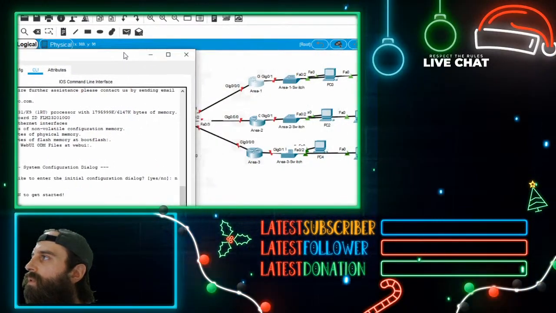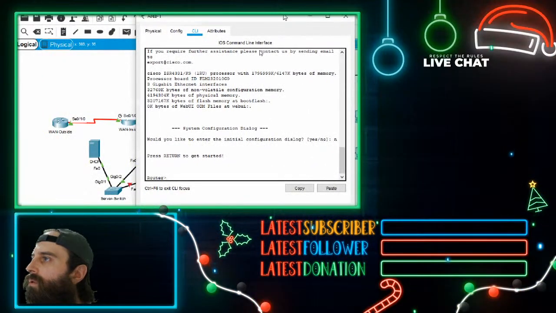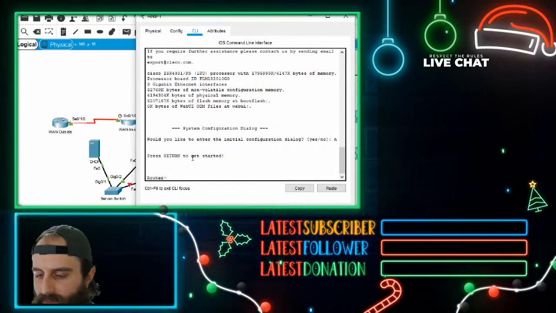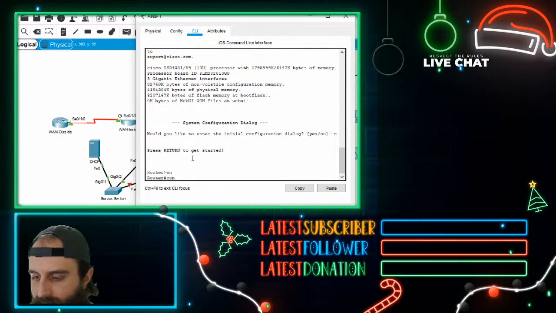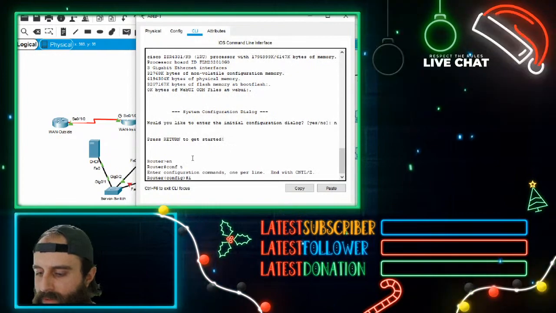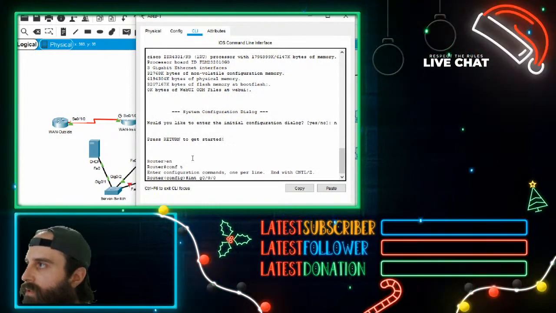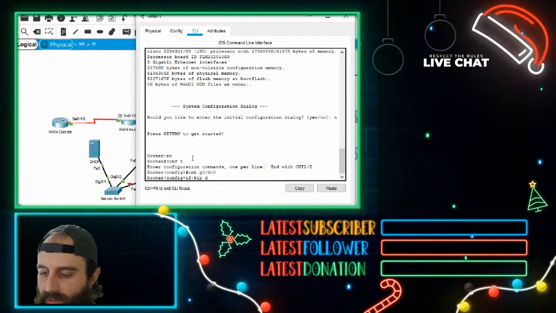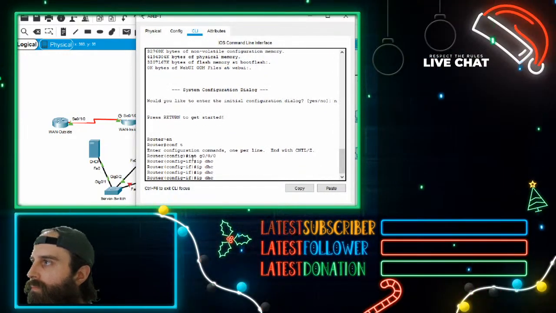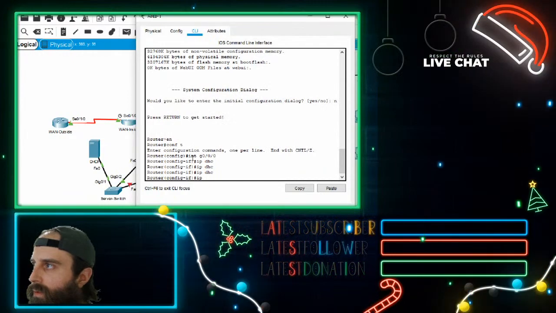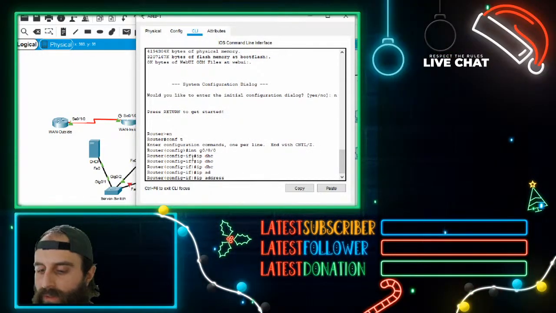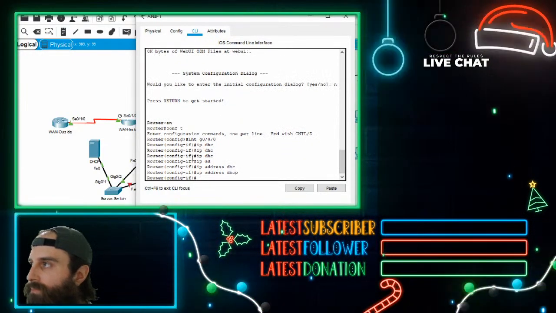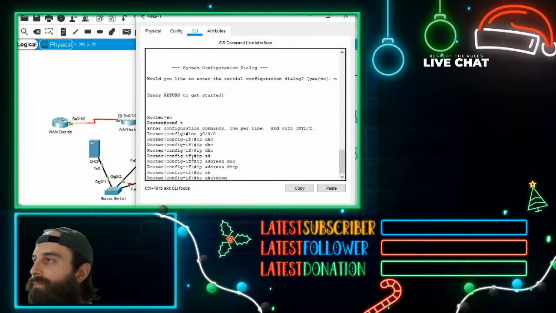Command line. What interface is facing that switch? It's gigabit 0/0 on all of them. All right, so let's get started. So interface gigabit 0/0/0. I'm going to say IP address DHCP. No shut.